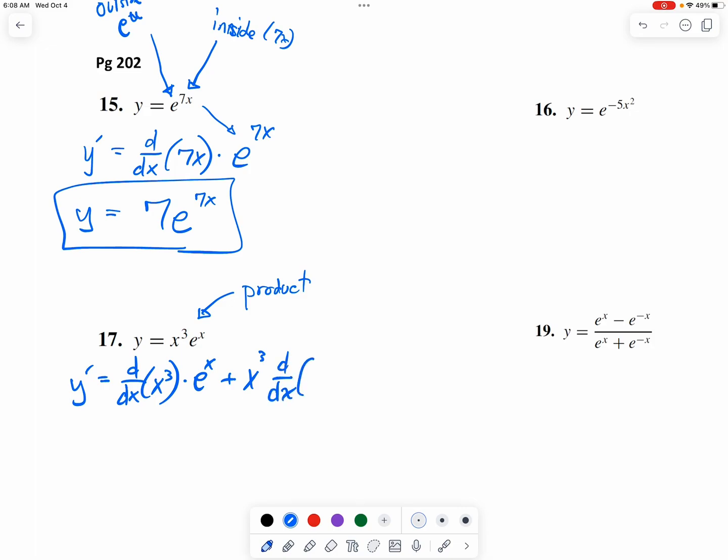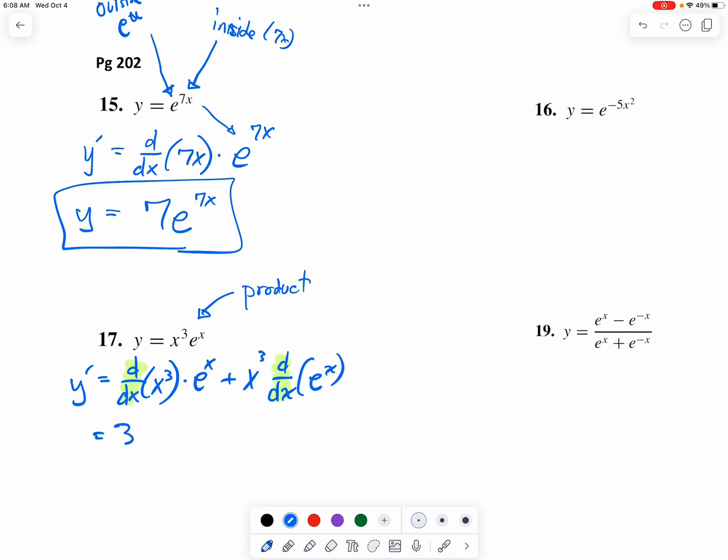So I'm going to take the derivative of e to the x. That's what I would recommend, especially as we get to these more sophisticated functions, is just take it one step at a time and delay taking derivatives of everything all at once. So delay them a little.